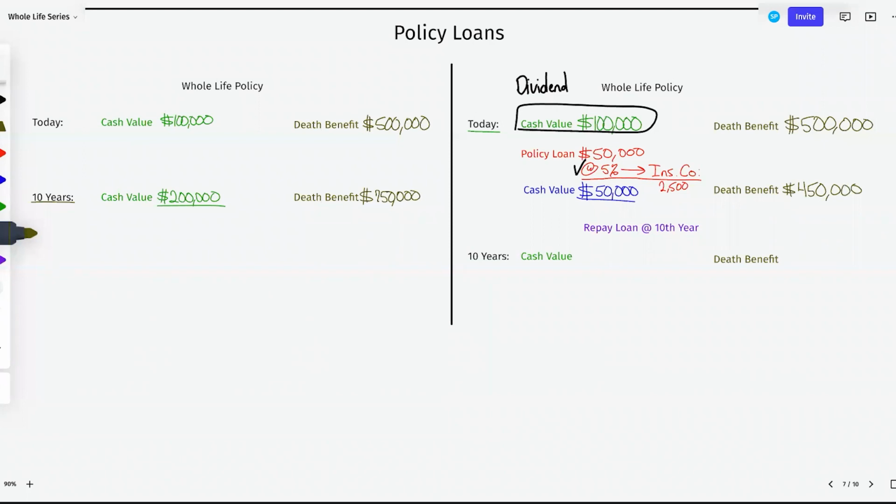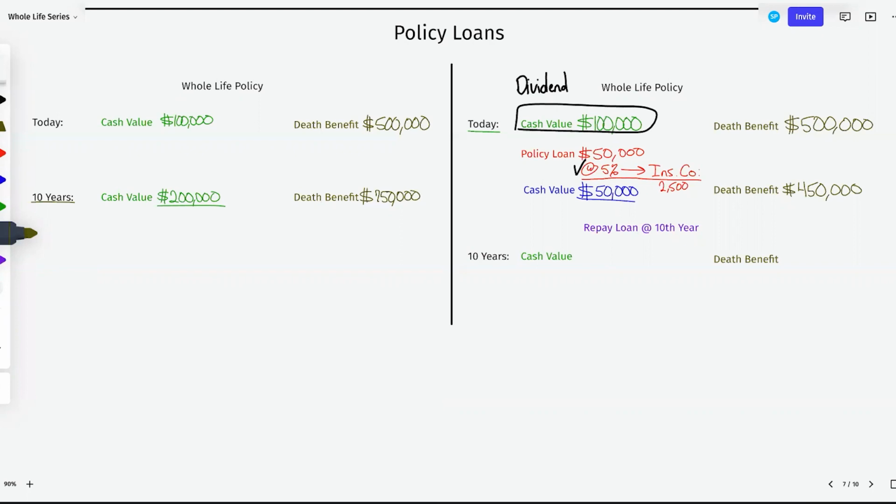So if you take a $50,000 loan today on your online portal, you will see your life insurance death benefit updated to $450,000. Meaning if you die when that $50,000 loan is outstanding, that's the net death benefit that will be paid out to your beneficiaries. Whatever the total death benefit is, minus the loan balance.